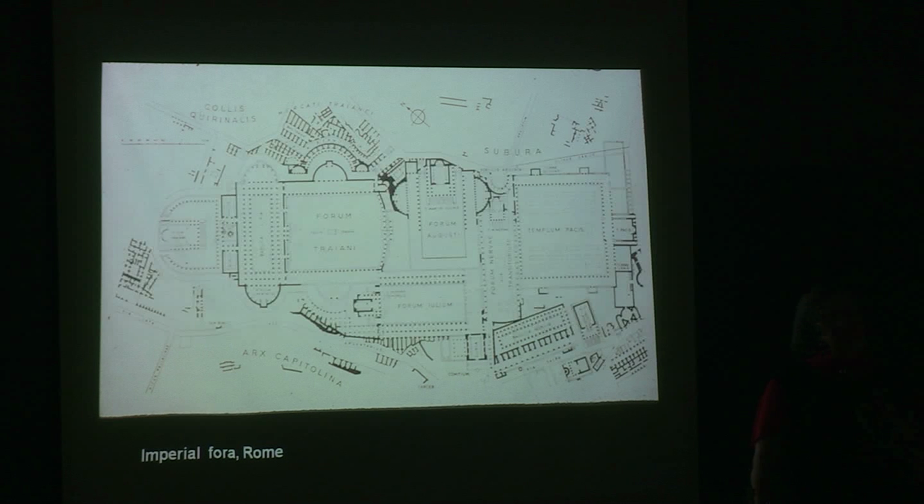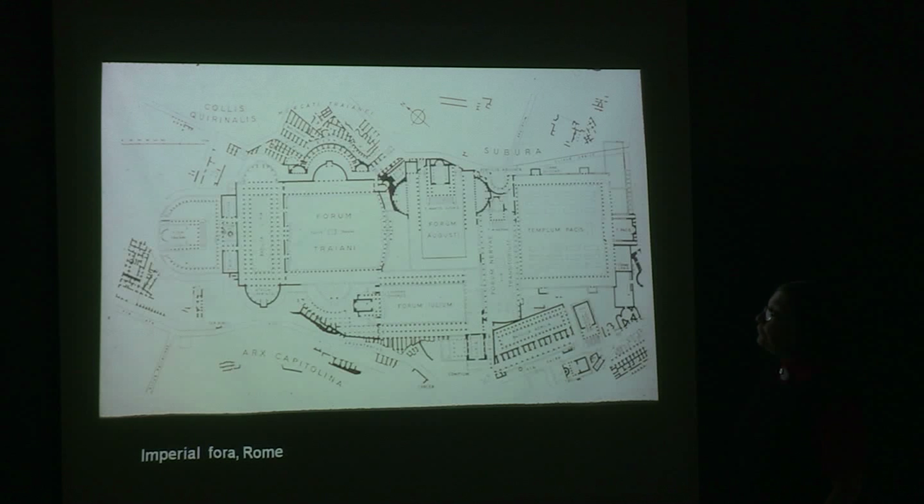It was like a state warehouse where the tax paid in the form of grains and liquids like oil would be brought into the markets of Trajan, a new function that had not been seen before. This was a state warehouse. For this new function, the new architecture could be implemented.